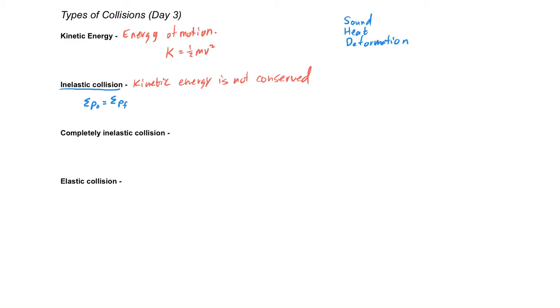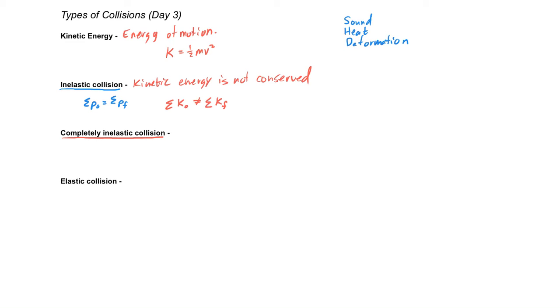Well, in most collisions, the sum of the kinetic energies before is not equal to the sum of the kinetic energies after. And if those two kinetic energies are not the same, then it is what we call an inelastic collision.